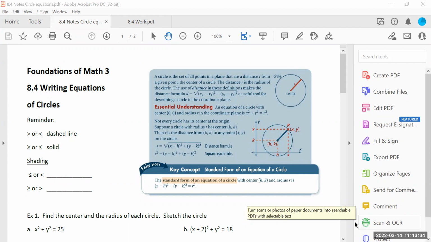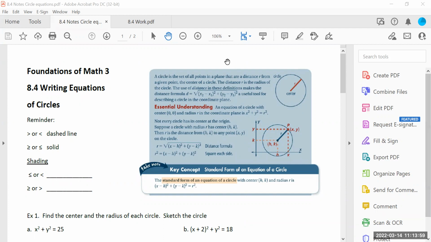For us, then, we're going to take that definition that the radius is the distance from the center to the circle. All the points on the circle are that same distance away. And use that to come up with an equation using the distance formula.